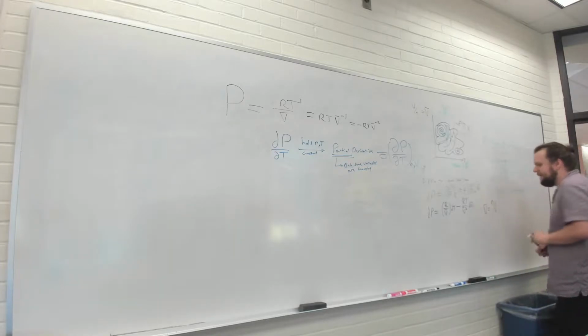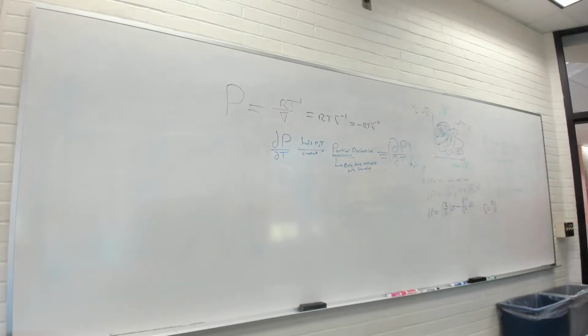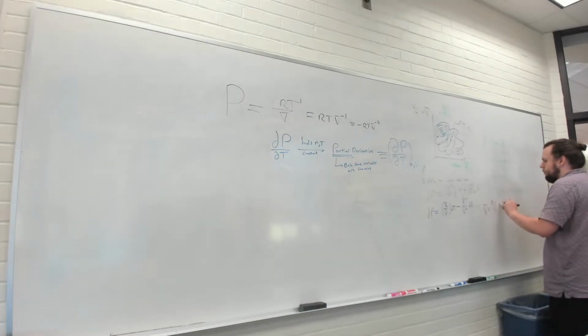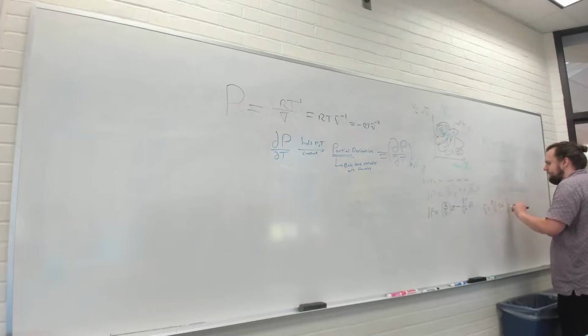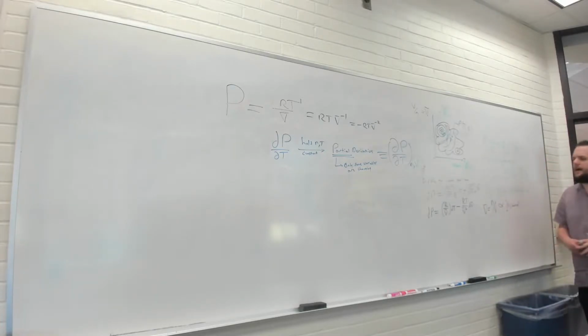It's N over V, the number of moles per unit volume, and this is proportional to 1 over the density. As molar volume increases, the density decreases, because it takes more volume per unit mole, and it's less dense.